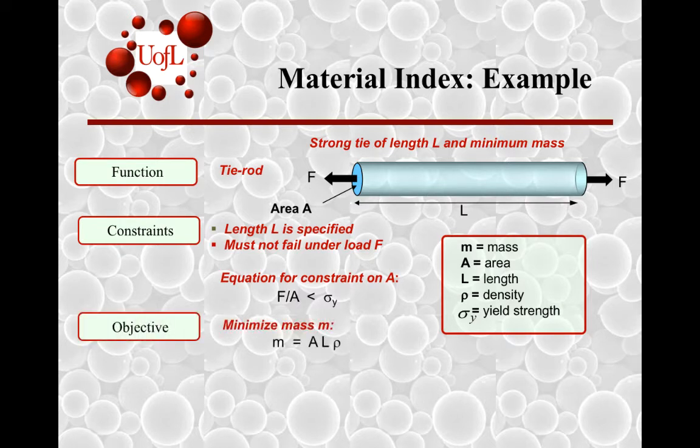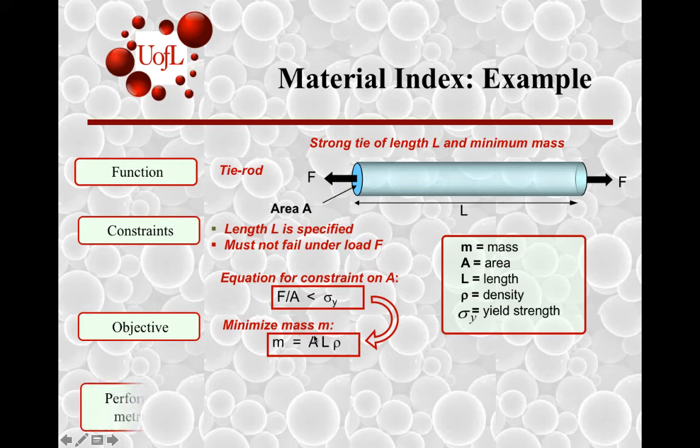So let's say the objective is to minimize the mass. Right? So mass is given by A L, where A is the cross-sectional area, so the volume, times the density. Okay. If you substitute for area over here, you will get a performance metric where the mass is defined by the loading condition F, the geometry, which is the length, and this term, density divided by the yield strength, rho by sigma y.